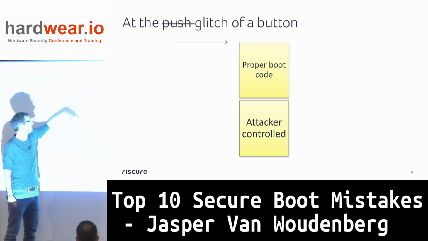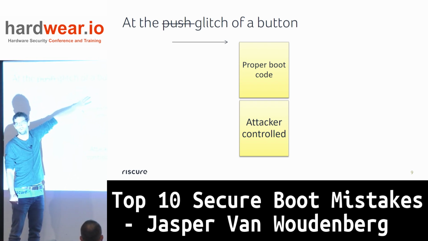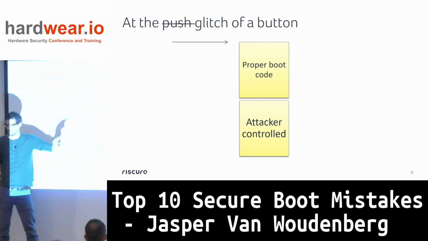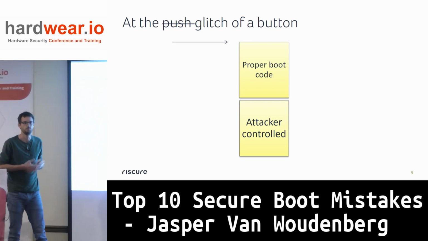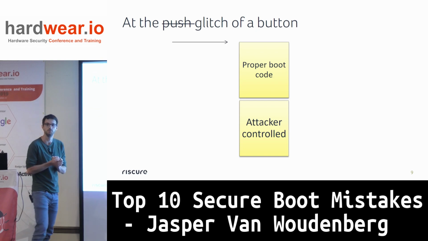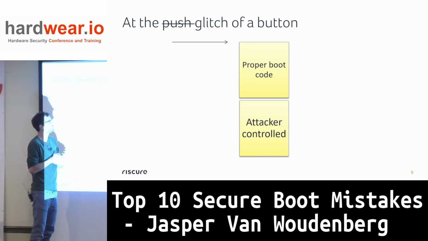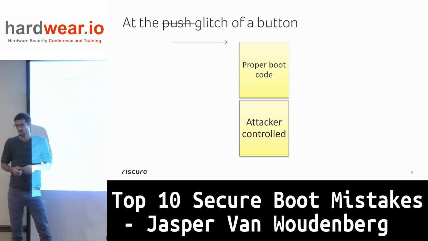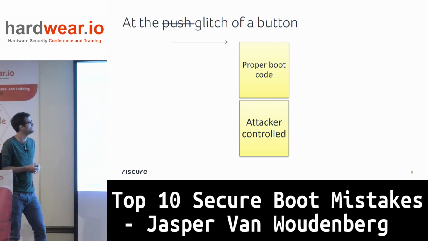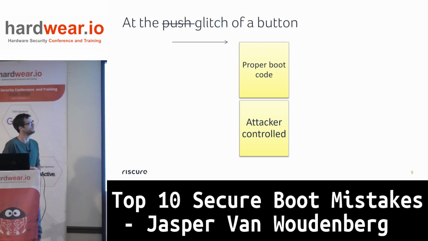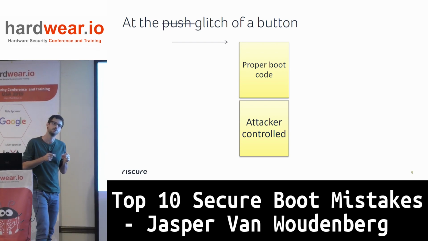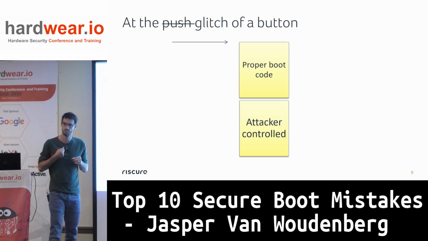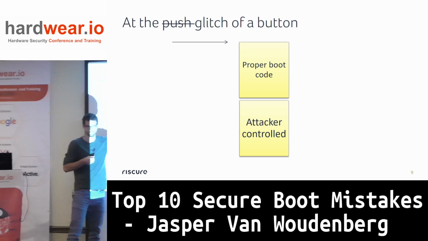The signature verification went over the code that was here, so this is in principle all attacker controlled. That's not necessarily useful, because as soon as this started executing, it was executing from here. But this is a bit of an older system, so it was executing code from the external flash.